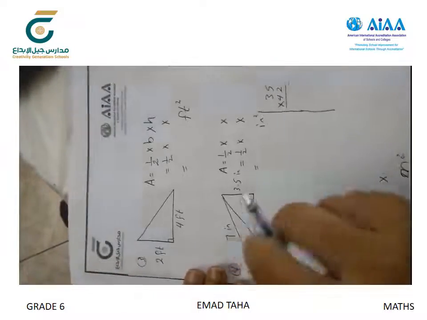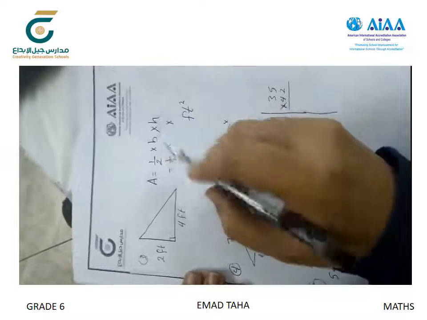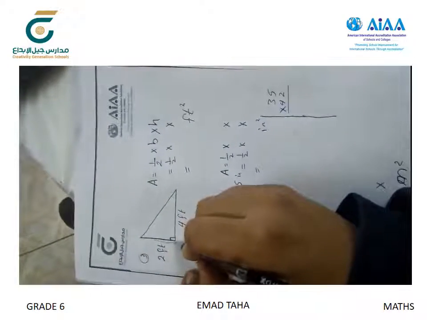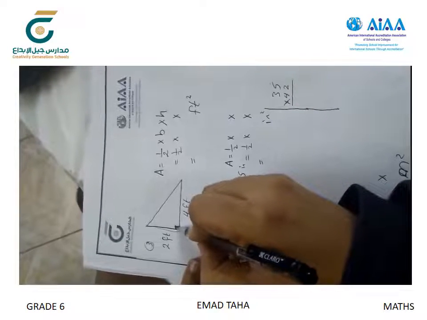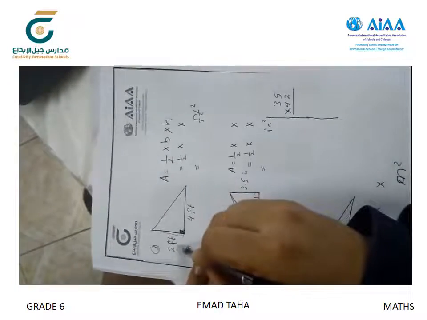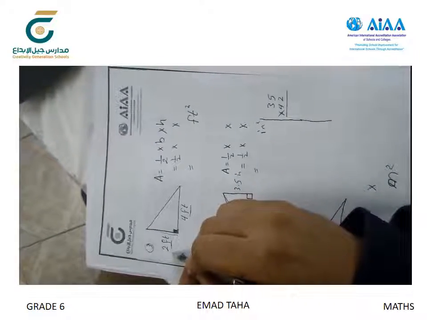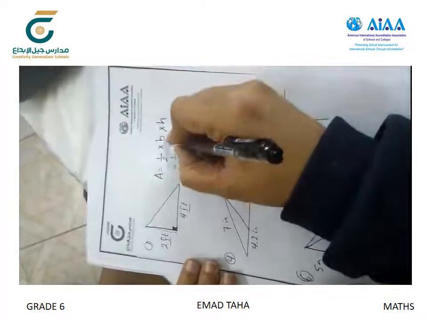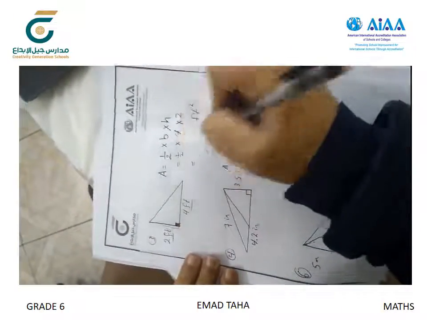Okay, what's the meaning of base and height? Base and height means a line perpendicular to the base. So perpendicular, look for the right angle. You see the height and the base. So we multiply half times base, which equals 4, and the height equals 2.